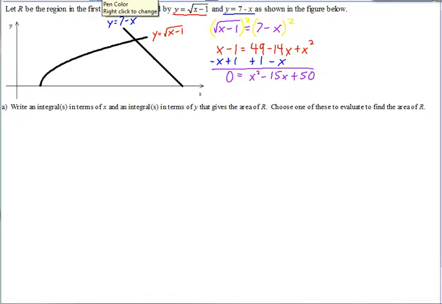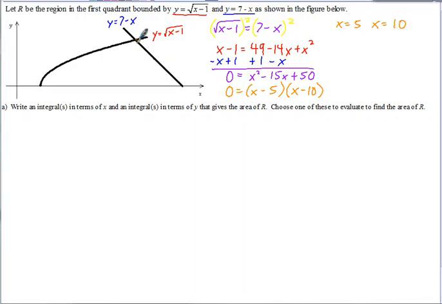And factors of 50 that add to negative 15 would be negative 5 and negative 10. So it looks like we've got two different x coordinates, but we only see one point of intersection. Based on that we get x equals 5, x equals 10. However, there's only one point of intersection.